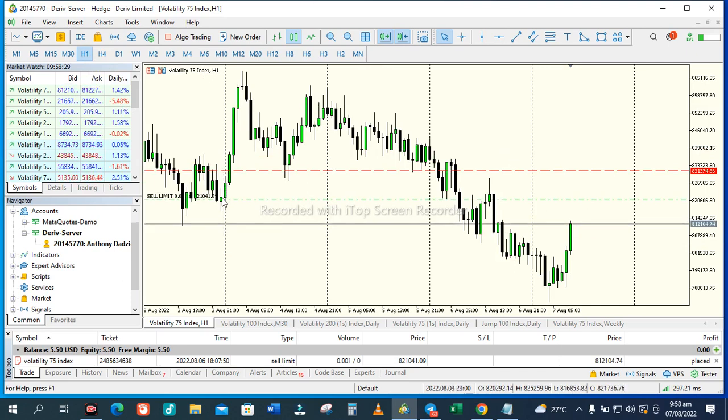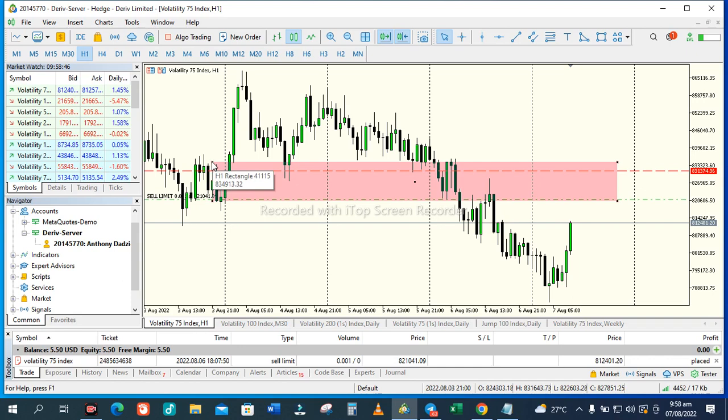On the 1-hour time frame, I had this area to be a sell zone. Nicely I saw it here, and then I was going to maintain this area as my sell zone.